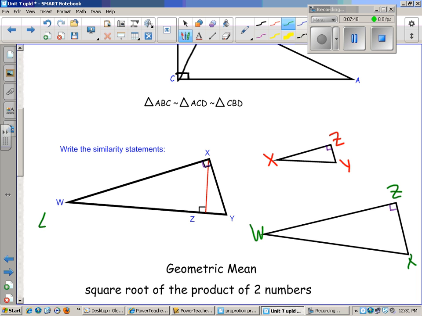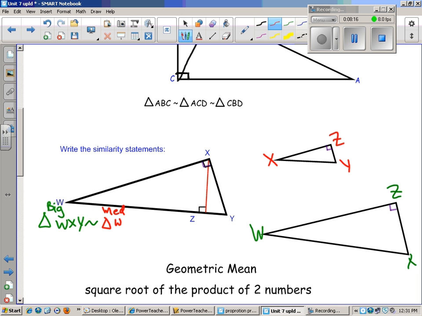Let's start with the big triangle. That's WXY, and it is similar to the medium triangle. What goes with W? The medium triangle? Yeah, W. Okay, what side goes with X? Z, right?